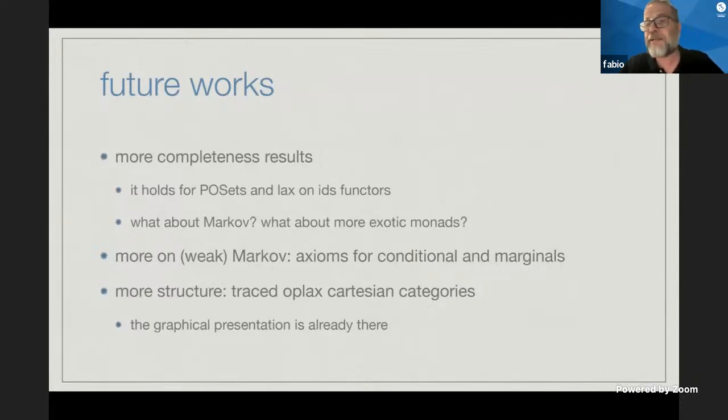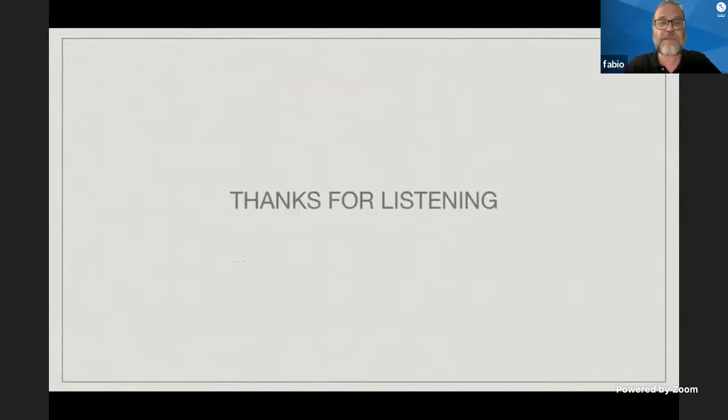And the fact is that paradoxically, the graphical presentation is already there because there are basically cyclic term graphs. The point is that it would be nice to be able to lift all the taxonomy that you have seen so far also to the traced case, which has not happened so far.